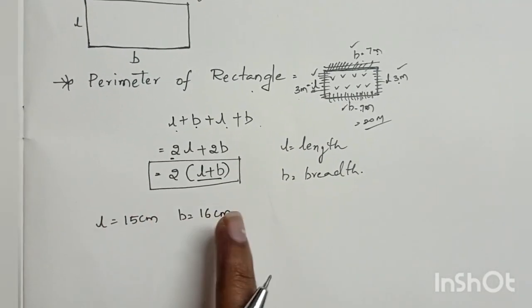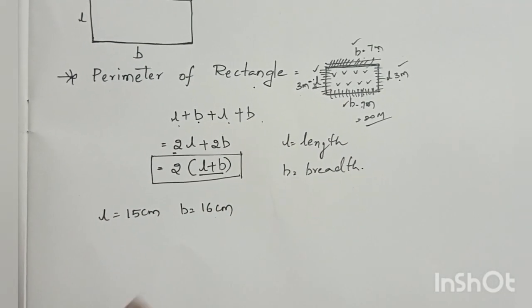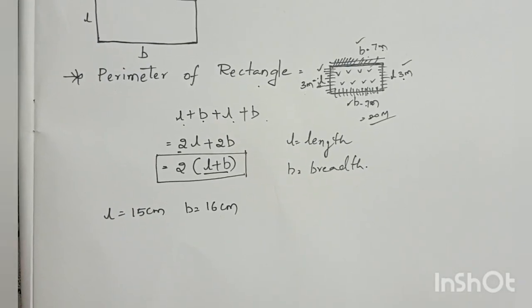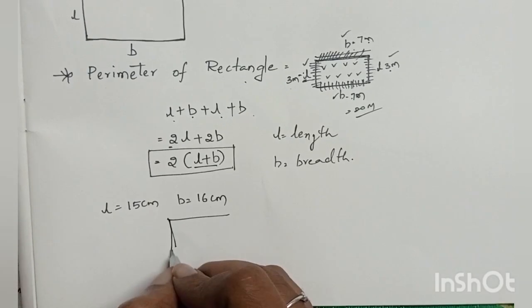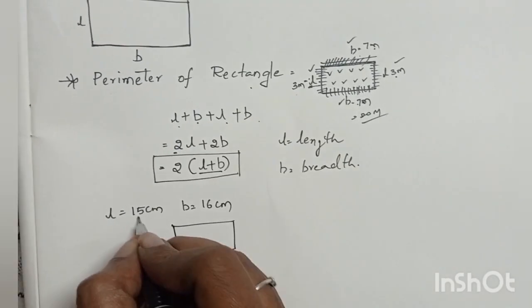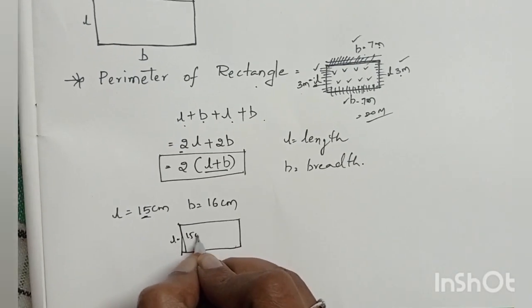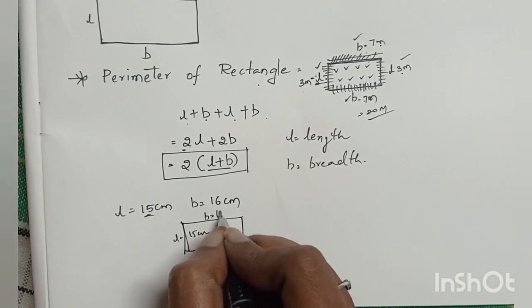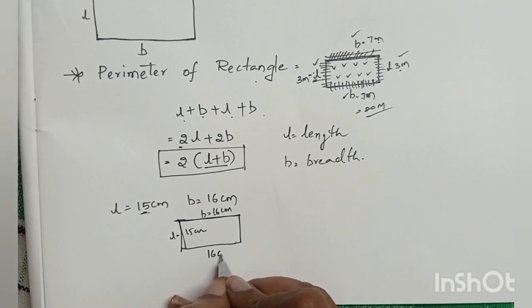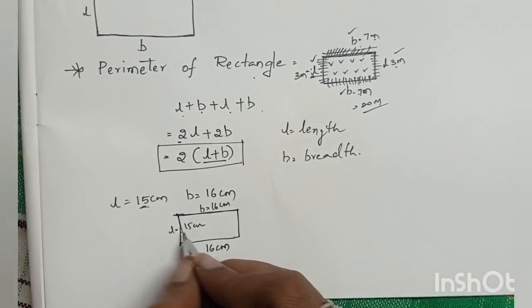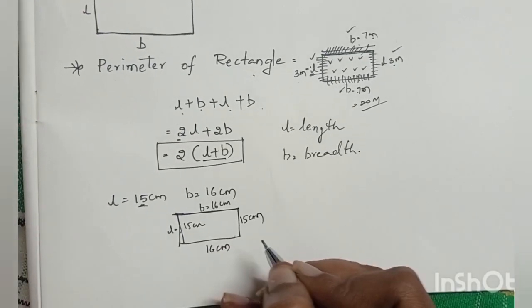They will give the length and breadth of a rectangle and ask us to find the perimeter of that rectangle. If this is their rectangle, they have given us L as 15 centimeters, B as 16 centimeters. If this is 16, obviously the opposite will be 16. If this is 15, this will be 15.